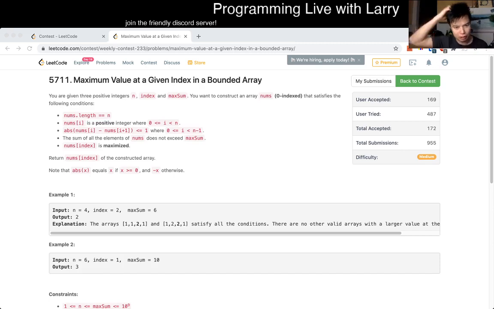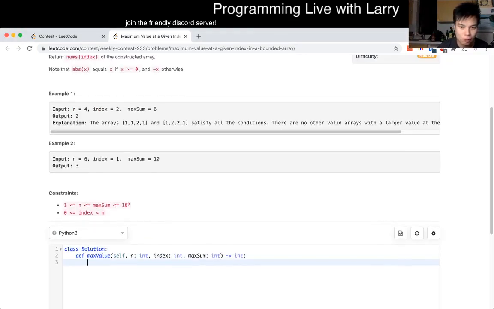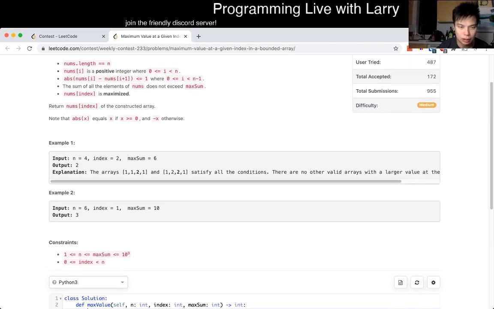Can we do binary search on this? I feel like it's binary search, but this part is tricky. What does it mean, right?